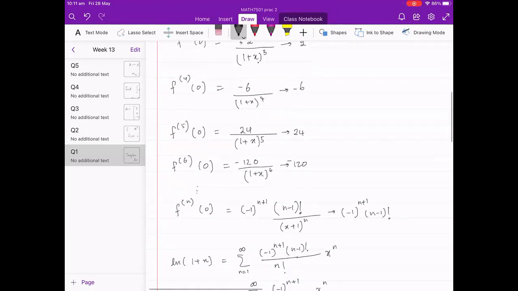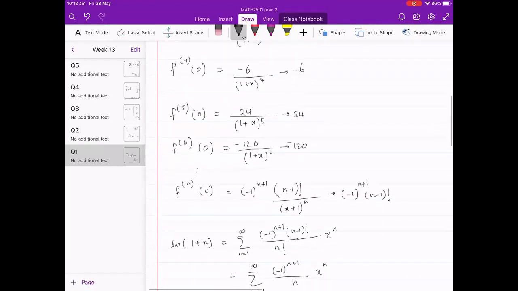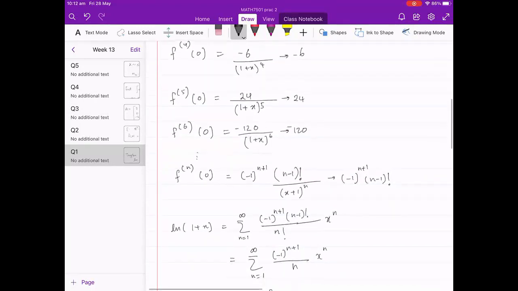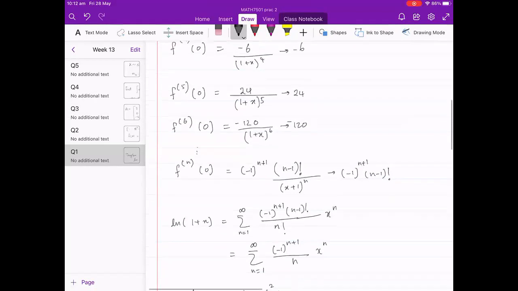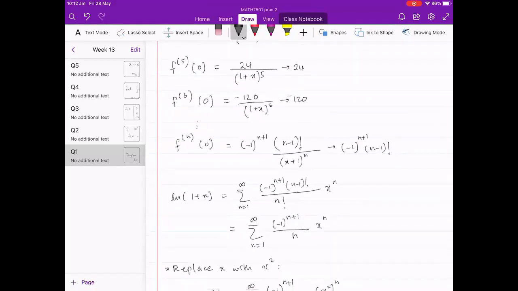Which in compact notation is minus 1 to the power n plus 1 times n minus 1 factorial divided by x plus 1 to the power n, which at x equals 0 can be simplified to this part here.